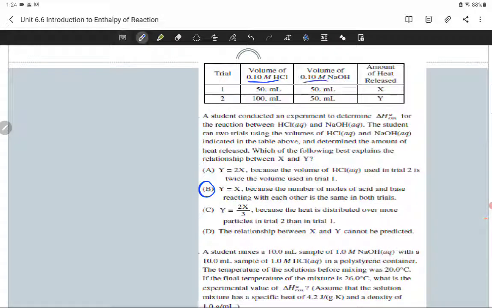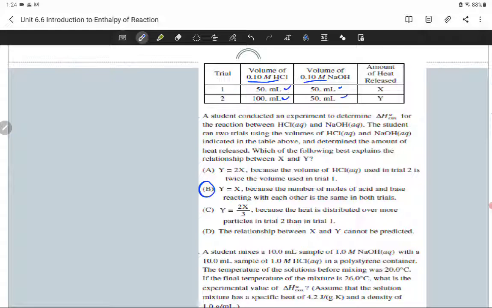It looks like the same molarities, but not the same volumes. I don't think we may have to worry about this, but 50-50 of 0.1s means they're both exactly the same moles. They're both the limiting reactant in trial 1.